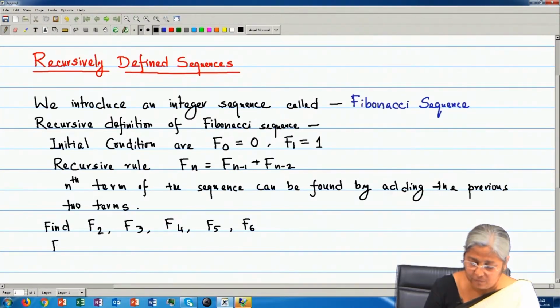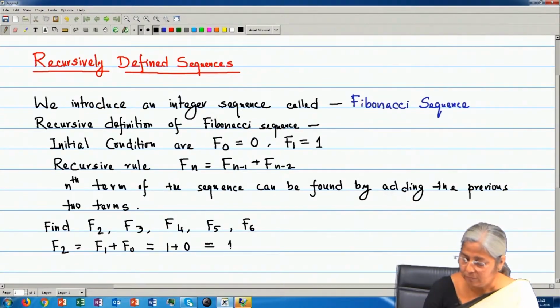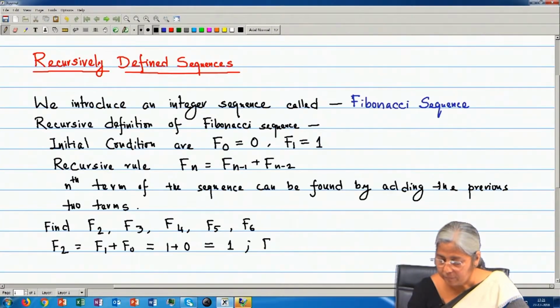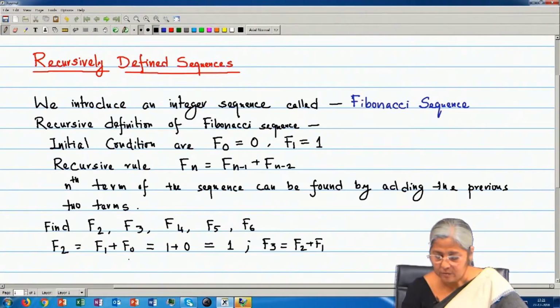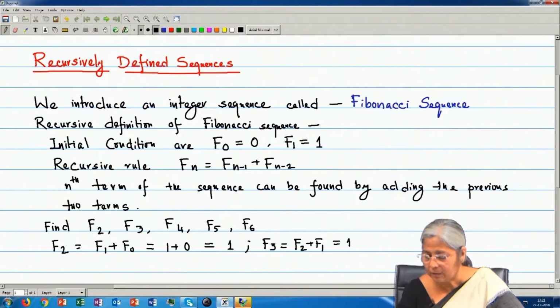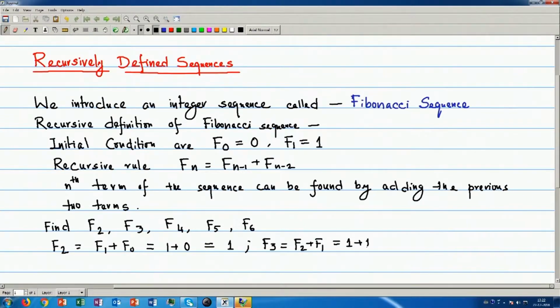So, f2 is f1 plus f0, and f1 is 1, f0 is 0, so this is 1. Now f3 is f2 plus f1, and we got f2 equal to 1 and f1 is given as 1.